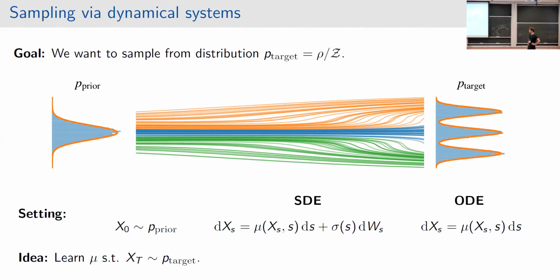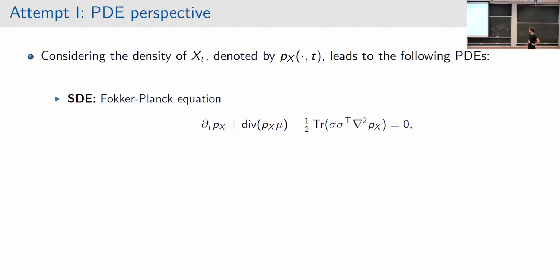And the key idea in generative modeling is that I want to somehow learn this drift mu such that at terminal time the process is distributed according to the target, right? And so I want to present you 2 attempts with which you can try to solve this problem. And I think the first attempt is not so standard, but I start with this anyway. It's basically starting with a PDE perspective.